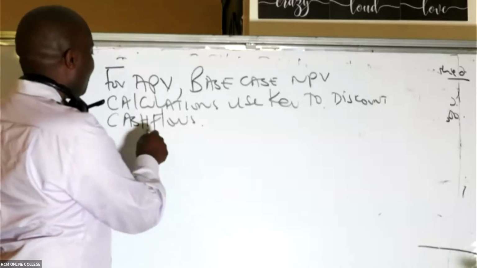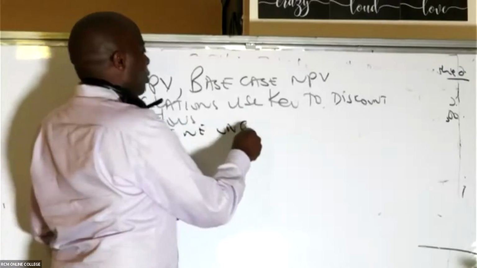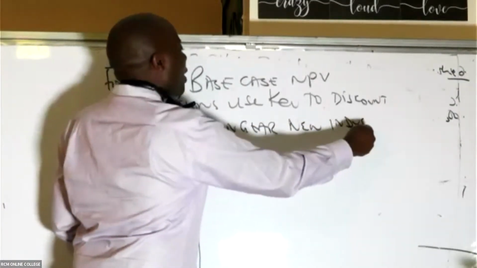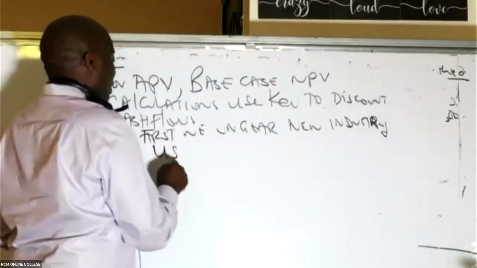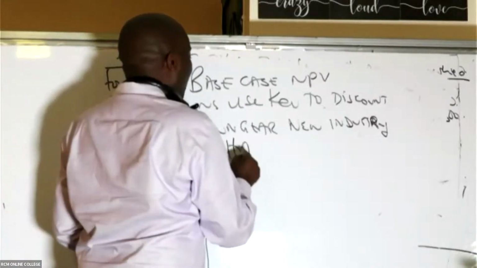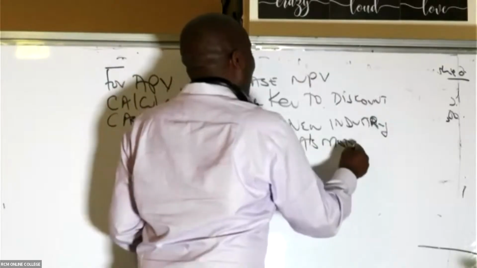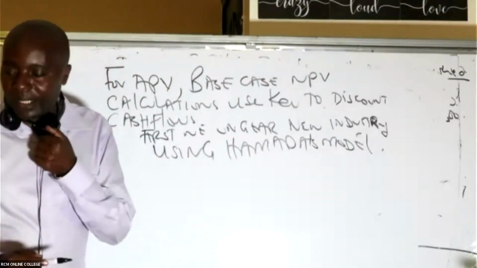First, we ungear the new industry beta using Hamada's model. And we know how Hamada's model looks.